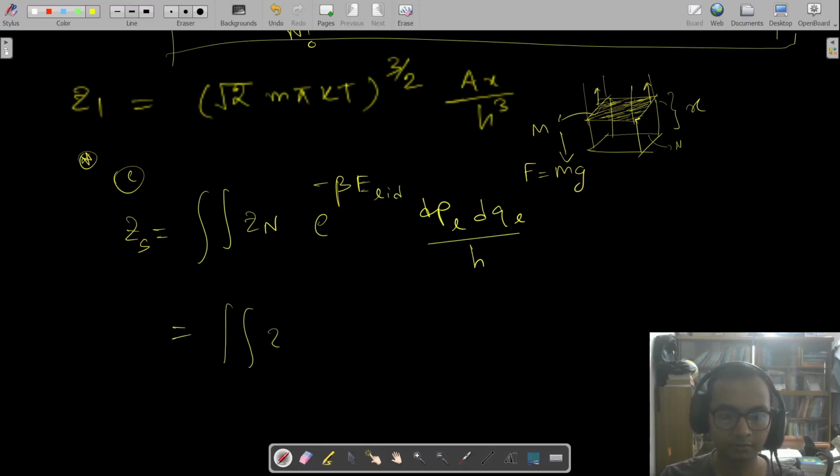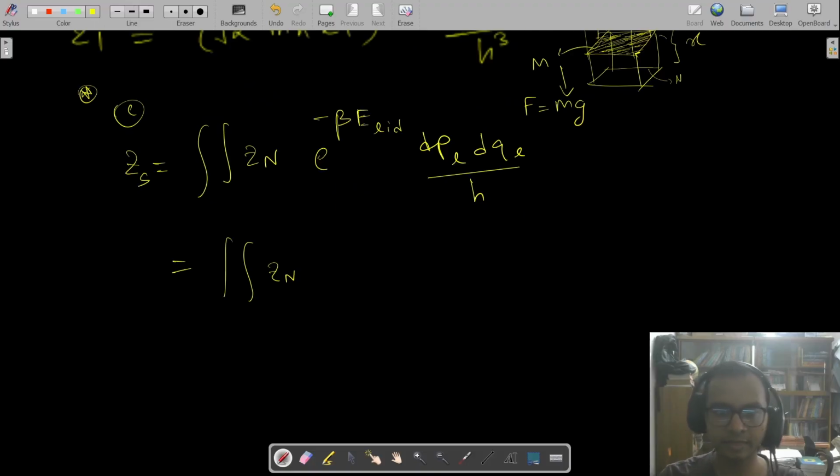Now Zn is Zn, but it does depend on x actually, because Zn has integrals whose boundary is dependent on x.